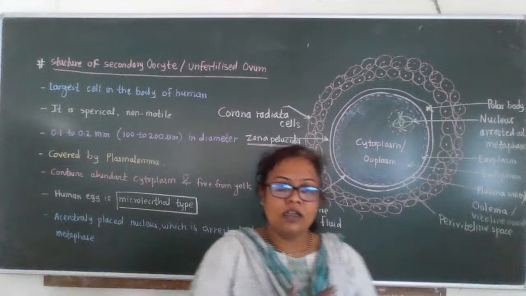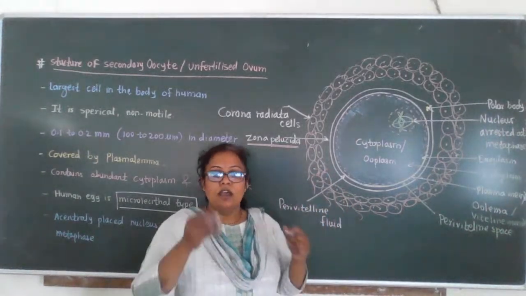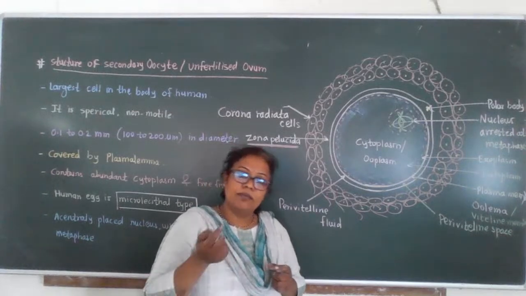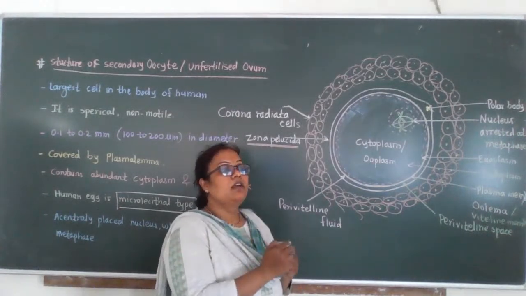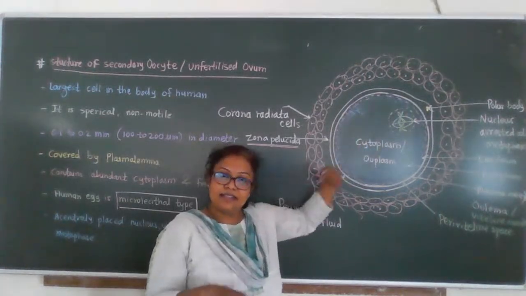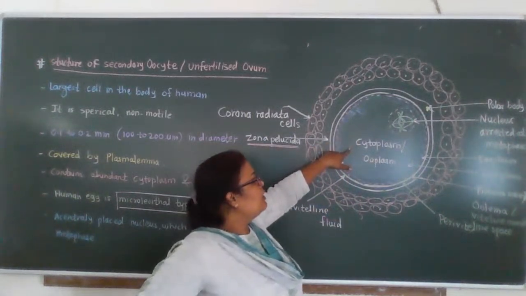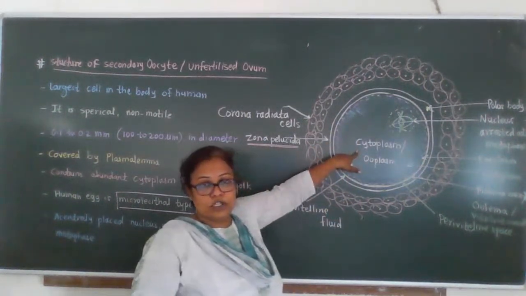But when it gets fertilized, along with the male pronucleus, the proximal centriole of the male, that means the sperm, enters in, and then this undergoes division. Clear? So it lacks a centriole, but it has an abundant amount of cytoplasm.